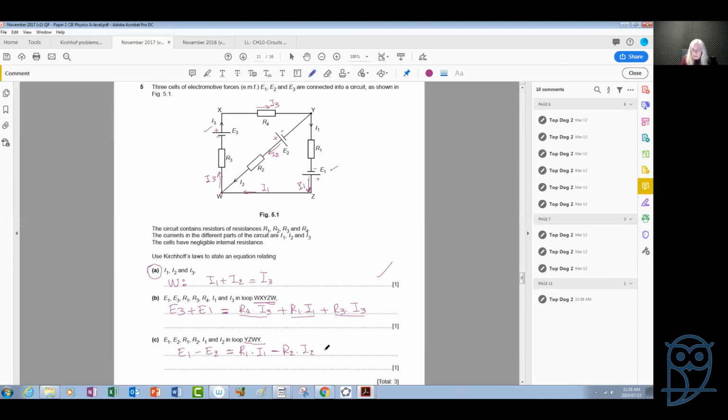So this is our third equation. So here are the three equations that they have asked us to write down. And here we stop because they do not tell us to find anything. Actually, we are not given any numerical values.